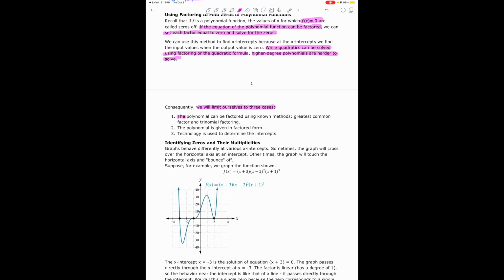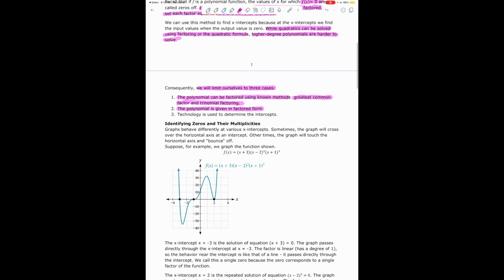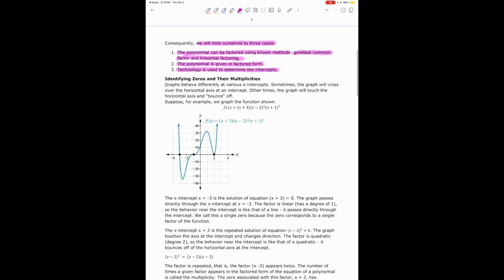The first case is the polynomial can be factored using known methods such as greatest common factor, trinomial factoring, or factoring by regrouping, etc. The second case is the polynomial is given in factored form, which is the most common one. And then, we can use technology to determine the intercepts. So we're going to limit ourselves to these three cases only.